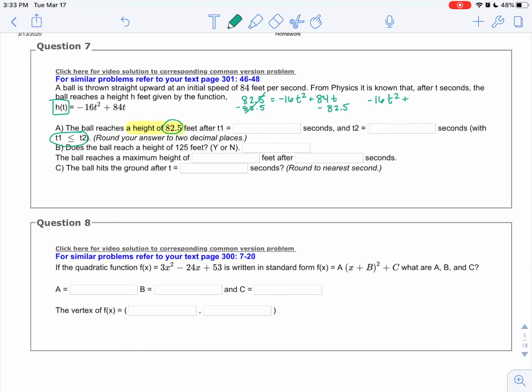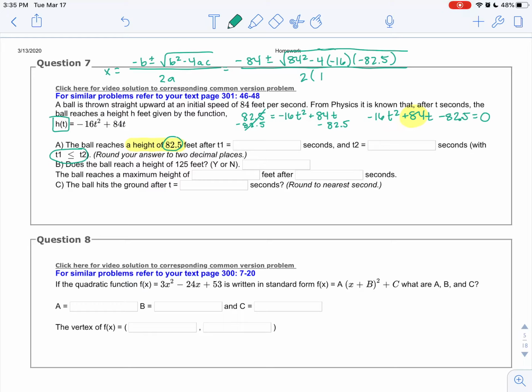Minus 4 times A times C, all over 2 times A. Okay, so I just want to simplify this down. Under my root, I've got 84 squared.